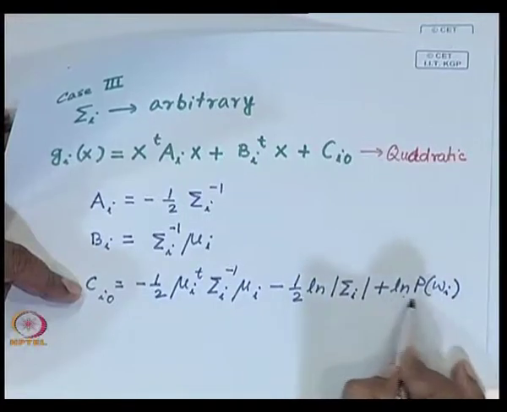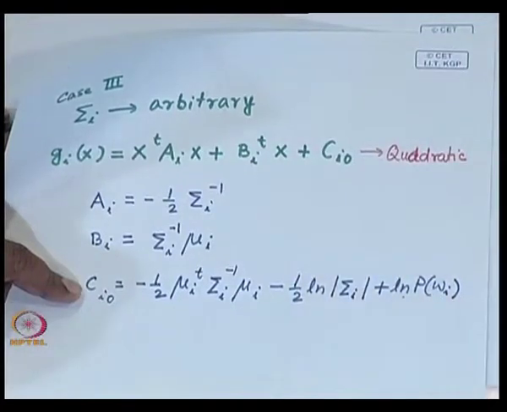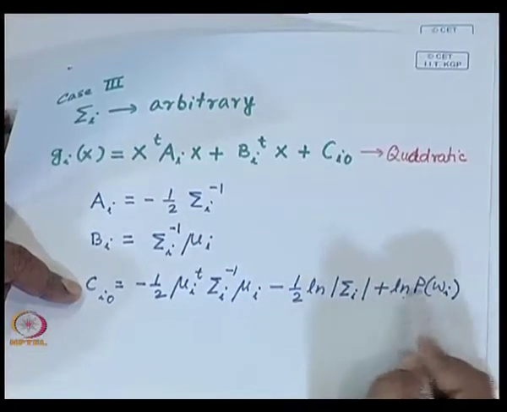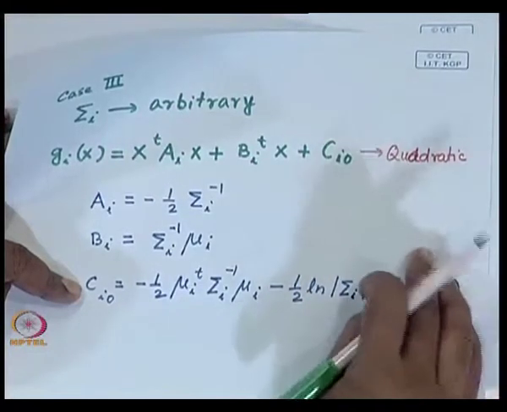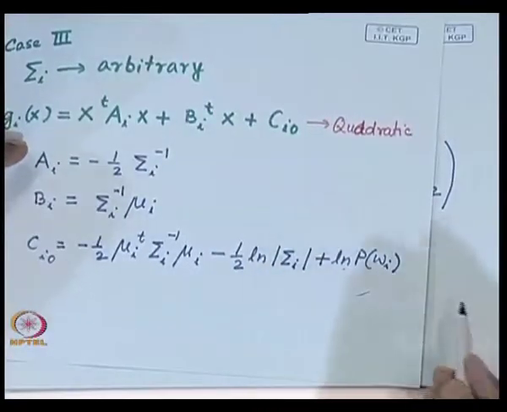Now, in this case p of omega 1 is same as p of omega 2. So, this term can be neglected. Even if I keep it on both sides, they will get cancelled. So, I do not have to really compute this.